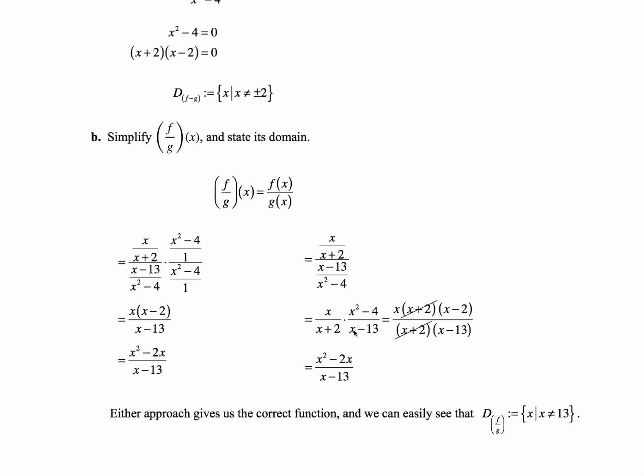And because of the factorization, the factors x plus 2 cancel, and we wind up with the same function we did before. And so the domain of f over g is defined to be the set of all x such that x is not equal to 13. All real numbers are allowed except for 13.